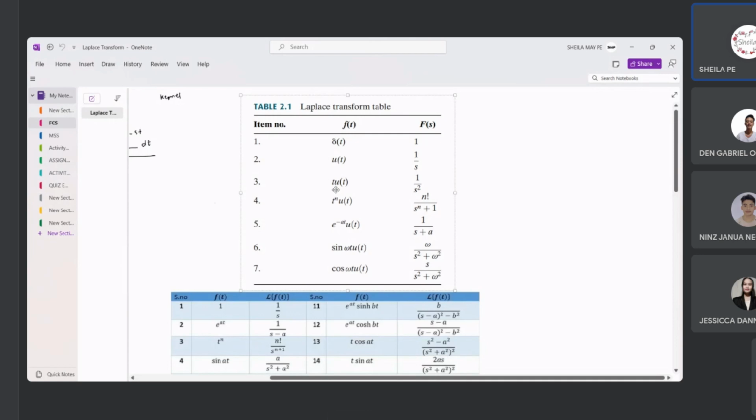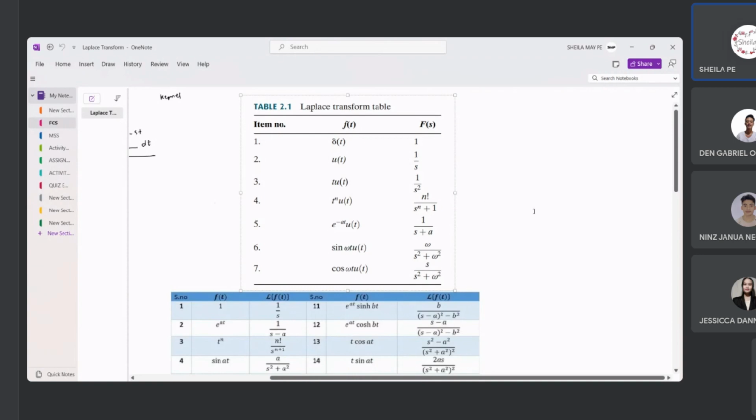Since it is equivalent to this, okay? This is 1 factorial over s raised to the power of 1 plus 1.